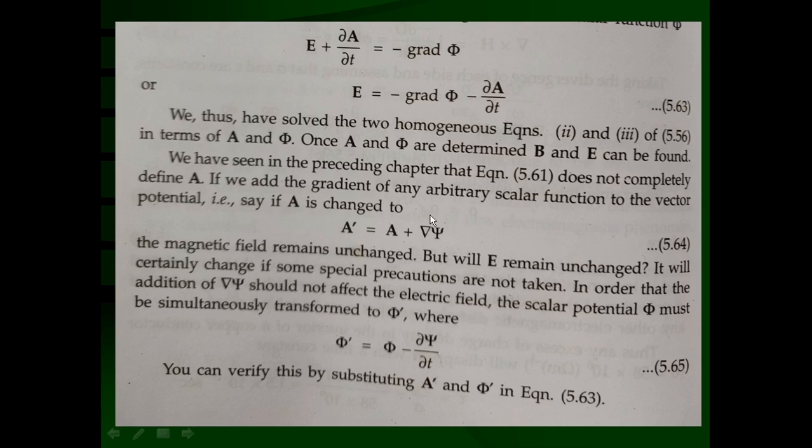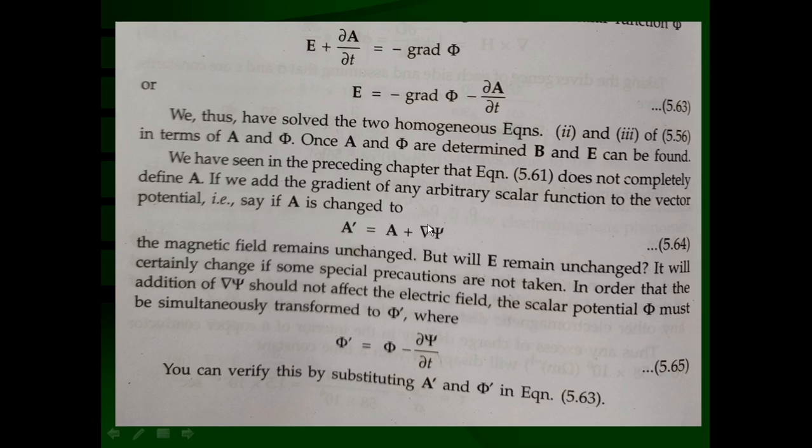Whatever you add should also be a vector quantity. So psi is some arbitrary scalar function. When you apply a gradient over a scalar, it becomes a vector. That means the new vector potential A dash is equal to A plus gradient of psi. Grad psi will be added to this, and that way the new vector potential can be obtained.